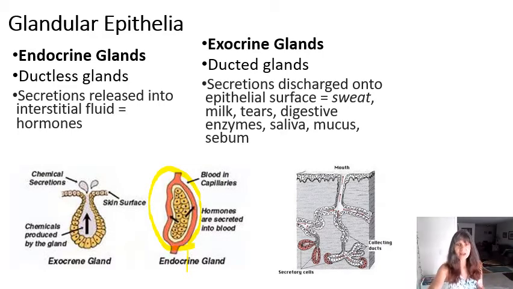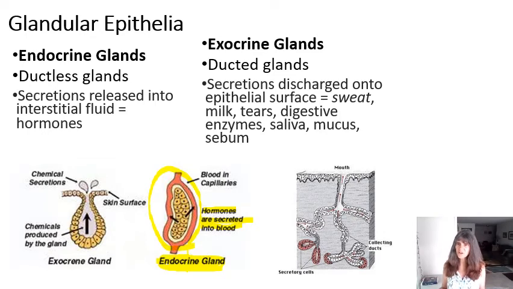Here we have a picture of an endocrine gland that is producing its product in the form of hormones. And as the gland secretes those hormones, they're going to diffuse into the bloodstream and be carried through the bloodstream to their target organs as blood circulates throughout the body.